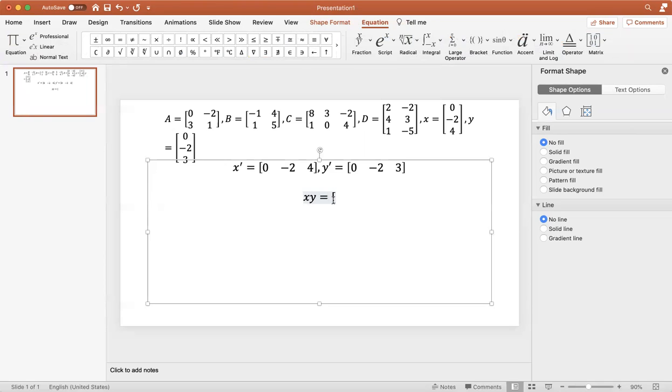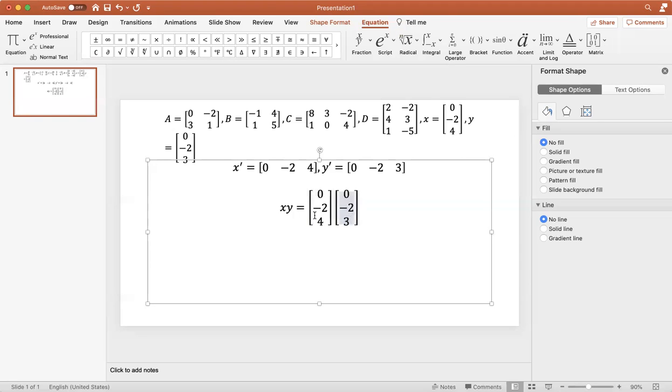Let's try x, y. If we try to get the product of these two vectors, you have 0, negative 2, 4, and then you have 0, negative 2, 3.